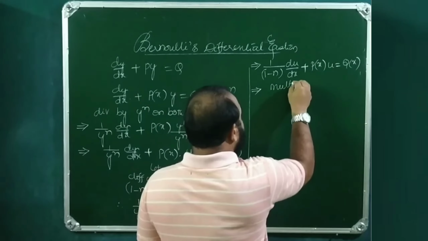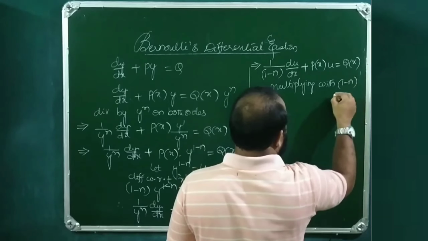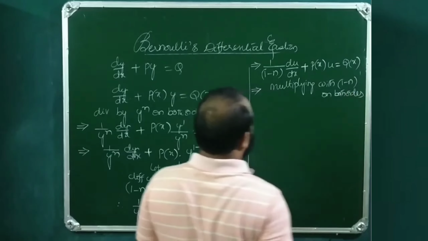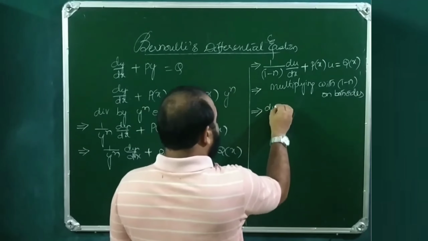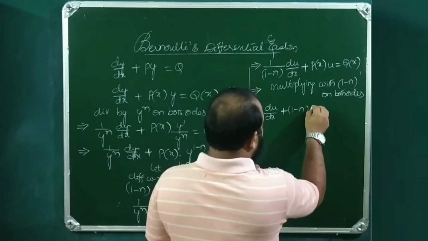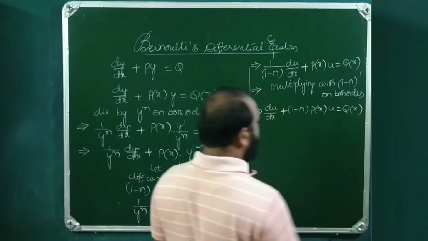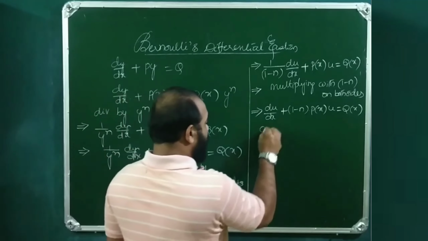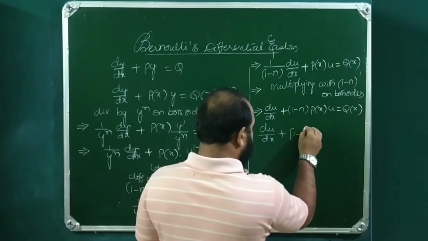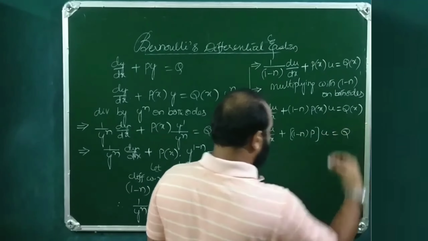Multiplying with 1 minus n on both sides, this is equals to du by dx plus 1 minus n into p of x into u is equals to q of x. This can also be written as du by dx plus 1 minus n into p is equals to q.